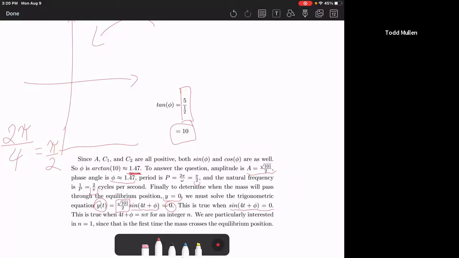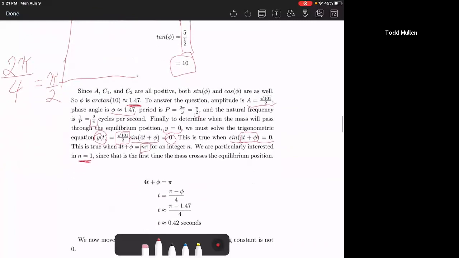Now, when is sine of something equal to 0? Well, it's when the inside of that sine is equal to some integer times pi. So we get that it's equal to n times pi for an integer n, but actually we can be more specific than that because we want to know the first time that it's going to pass through the equilibrium position, so we can set n equal to 1.